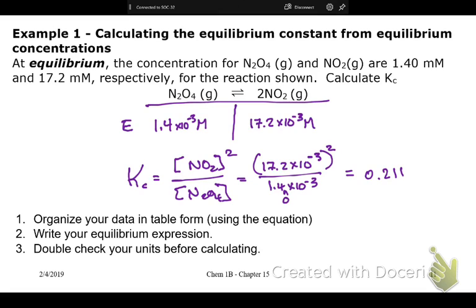Now, what's missing in my 0.211? This is bugging some of you like right now. Units. Perfect. Here's the deal. In equilibrium constants, we never write units. So when you leave the unit off on a test, like today if you leave the unit off, I'll say units -1. Sorry. Just so you know in advance.